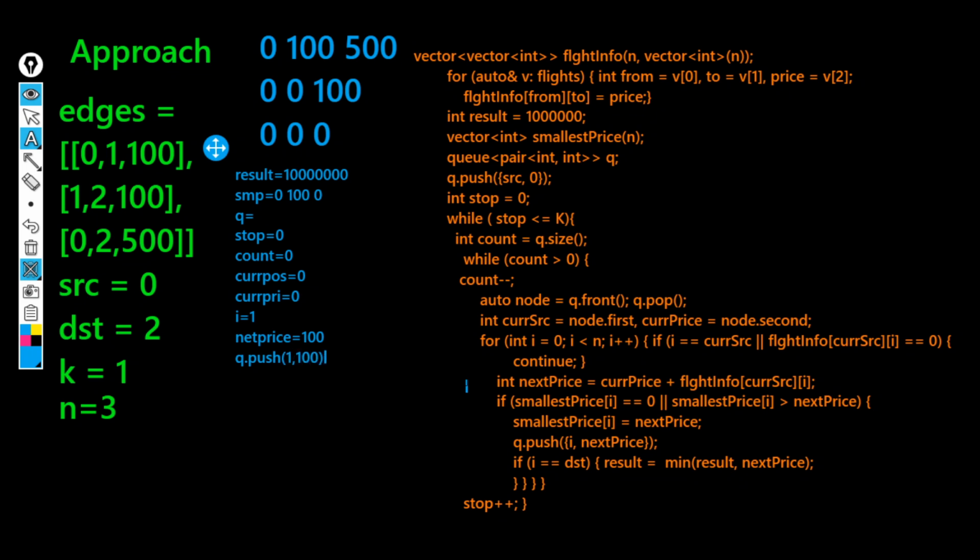So this will be pushed back into the queue. Now I will update the queue, so the queue will be updated. Now the first iteration of this loop has been executed.